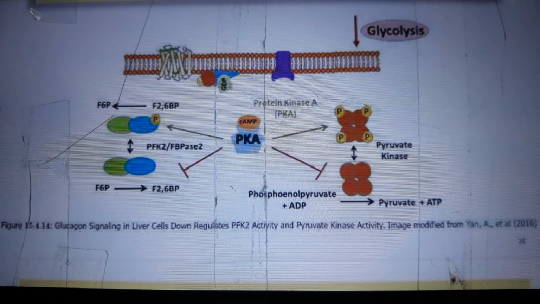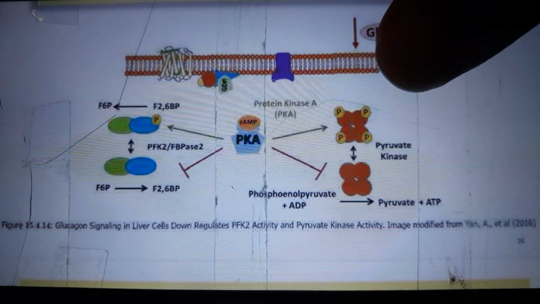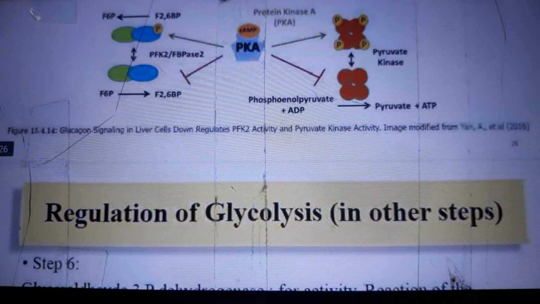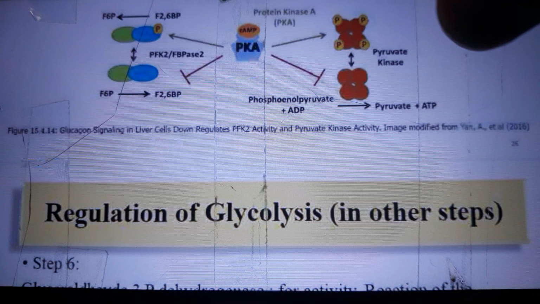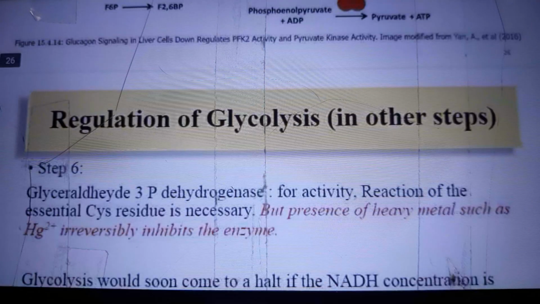In the presence of phosphoenolpyruvate plus ADP, it gives pyruvate plus ATP. So glucagon signaling in liver cells downregulates PFK2 activity and pyruvate kinase activity.